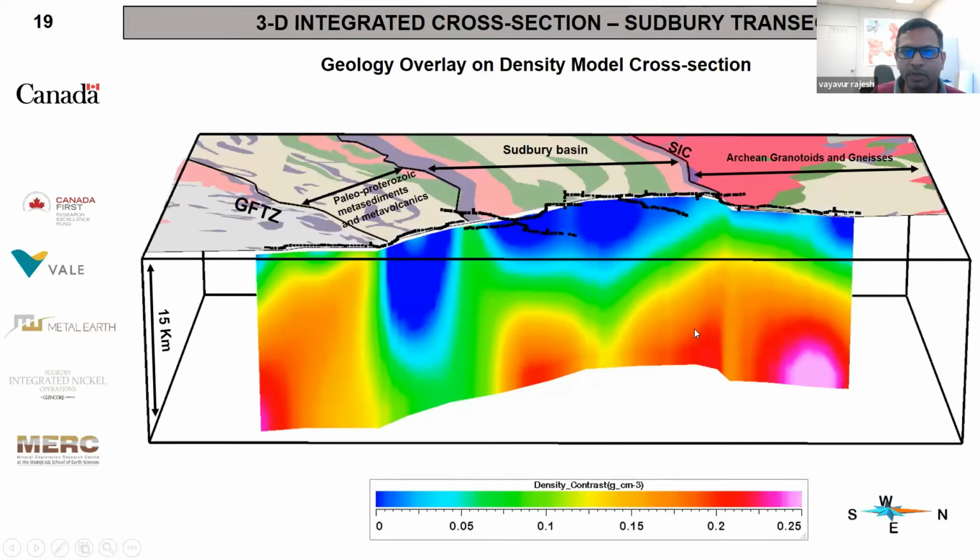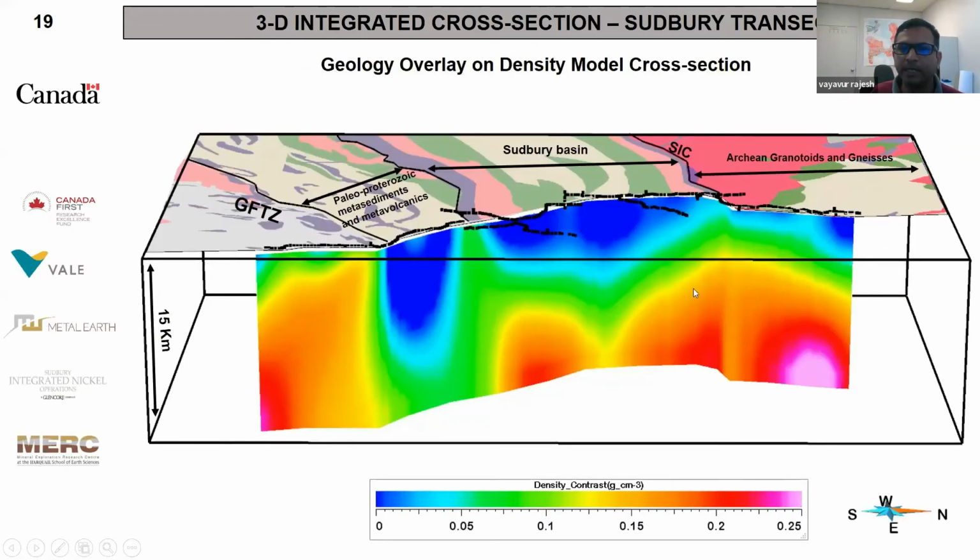If you overlay the geology map on top of that, the Sudbury Basin is nicely delineated here, the Paleoproterozoic metasediments are coming up nicely, and there is a high density zone from the Grenville Front tectonic zone. We are also picking up some high densities in the subsurface, so we will investigate those features also.